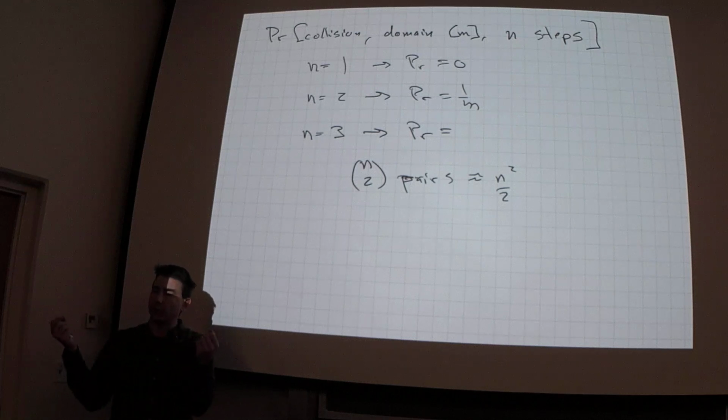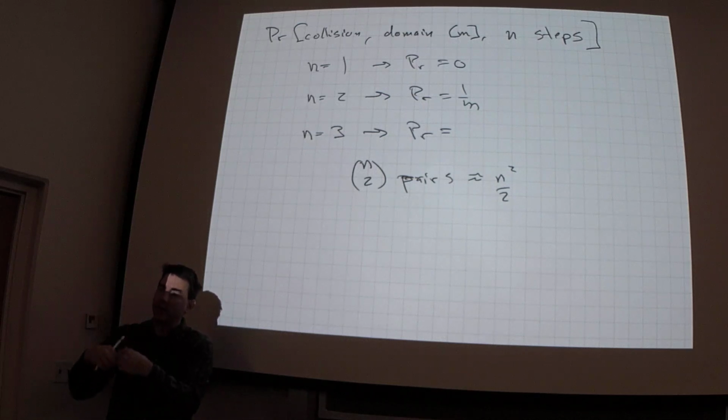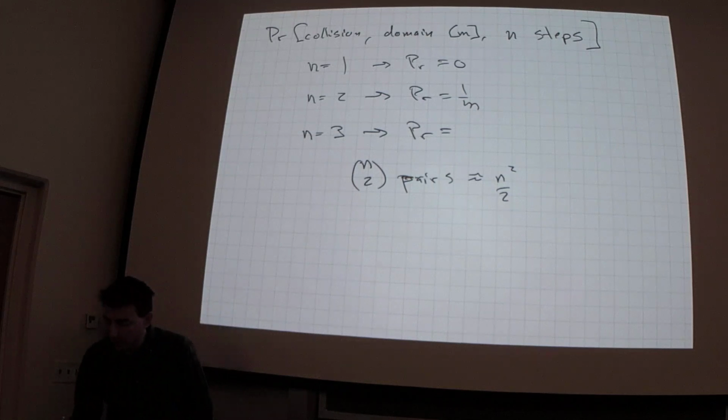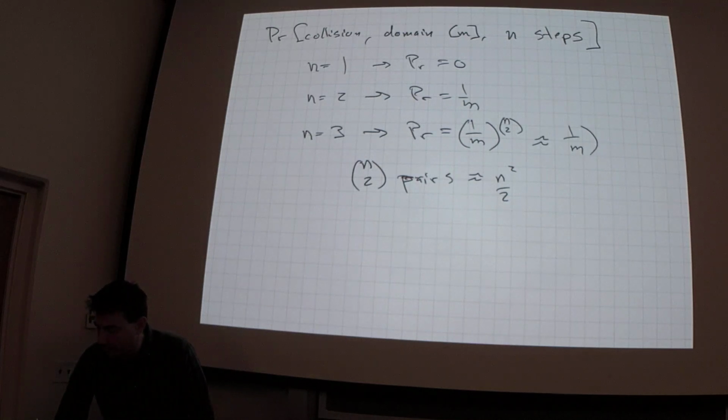In this case, 3 choose 2 is 3, so there are 3 pairs. If any of those collide, then I'm going to have a collision, and each of them is roughly equally likely to collide. So the probability of having a collision is going to be roughly 1 over m to the power n choose 2, which is roughly 1 over m to the n squared over 2.